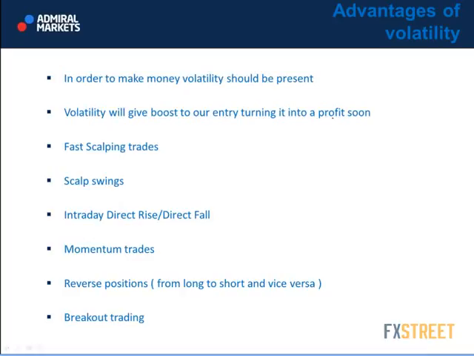Especially if you're trading minor crosses, such as I do, they can really make a difference. Let's say that if GBP dollar is making 15 pips, GBP Swissy or GBP Aussie at the same time can make 30, 50 pips. So that kind of volatility is what we need to make nice profits in the Forex market.